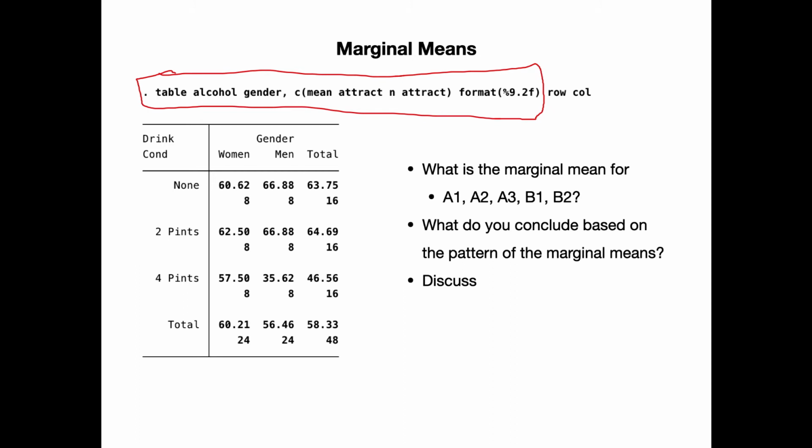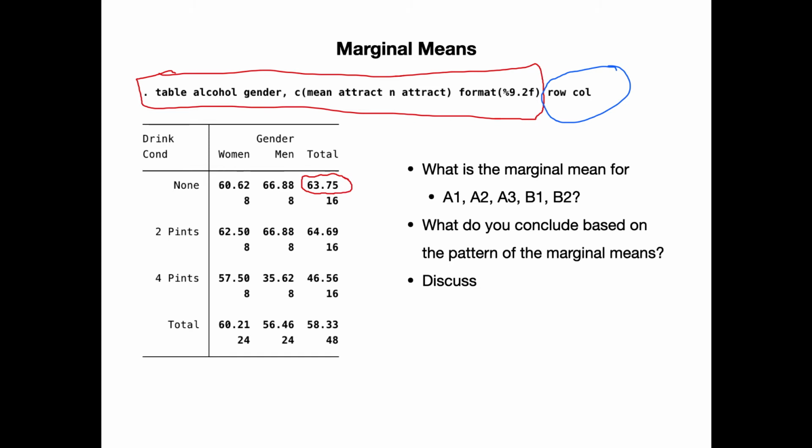So now I've got the cell means here, as well as the n for each of these. What I've added is this option down here, this row and column option. What that does is it provides these row means and these column means out here, plus the cell size for each of them.